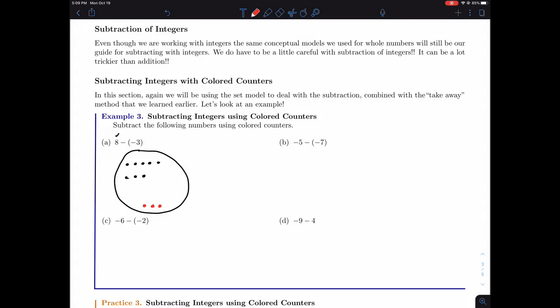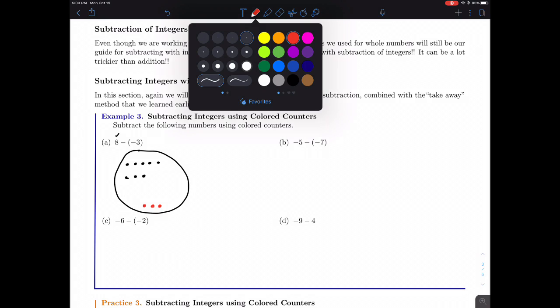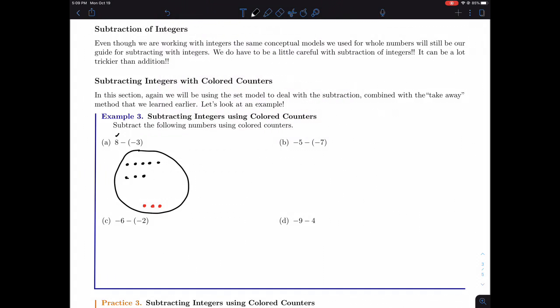Since I've added 3 red, I have to add 3 black to zero out those 3 reds. Technically this number inside still represents positive 8, because these bottom ones are really just 0. They're not contributing anything, but it allows me to do the arithmetic that I want to do.